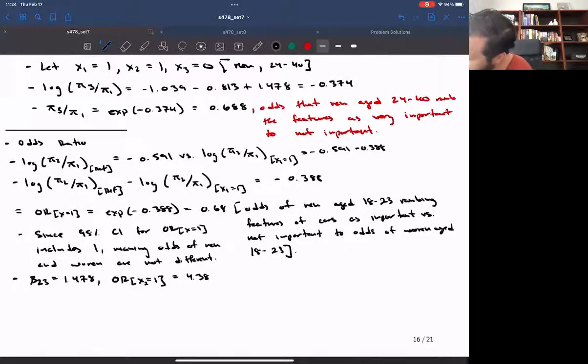So this is, no, sorry, this would be odds of women aged 24 to 40 versus women aged 18 to 23.